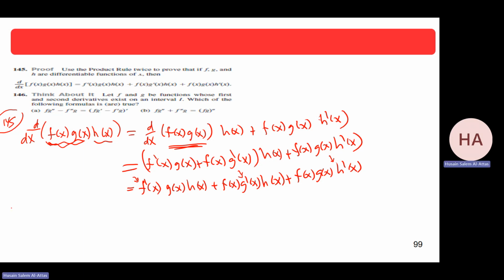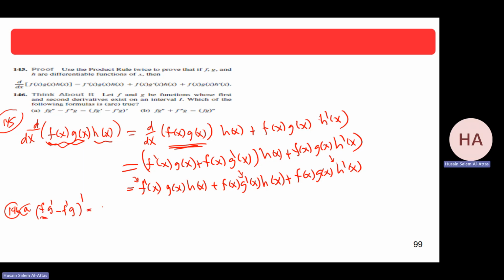Last one, 146. Part A: f g prime minus f prime g. I have a product here.